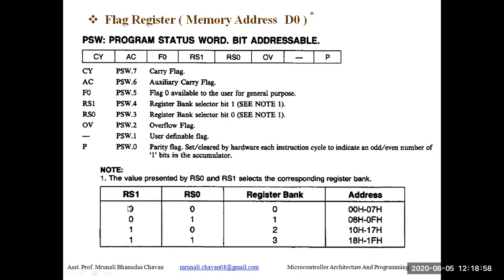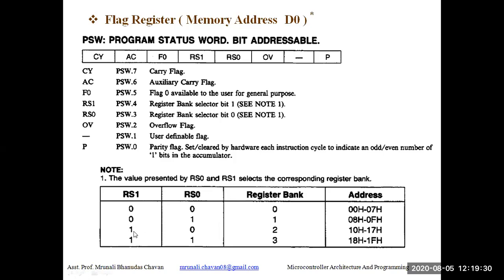See, if RS1 and RS0 both are 0, then register bank 0 will be selected and its address is 00 to 07H. If bits are as 0 and 1, means RS1 is 0 and RS0 is 1, then register bank 1 will be selected and the address of register bank 1 is 08H to 0FH.